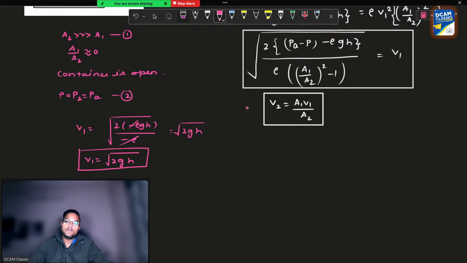This value, which we actually use in the calculations, is known as the velocity of efflux.